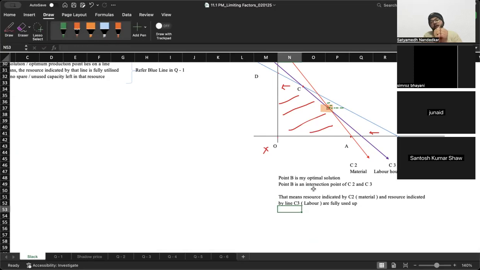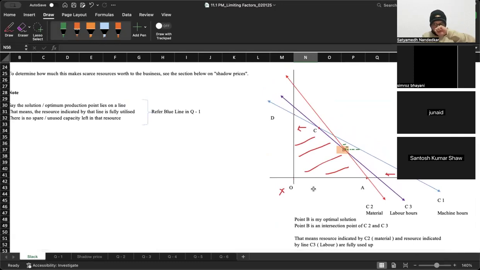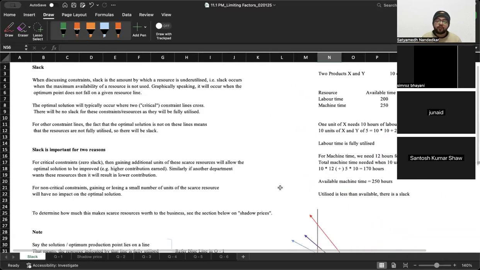The point lies on the line, उनका full utilization हो गया, but it lies below C1. Point B is not on C1, but it lies below C1. That means C1 is not fully used up. C1 has slack. ठीक है, whatever that resource is, that is basically यहाँ पे machine hours are not fully used up.